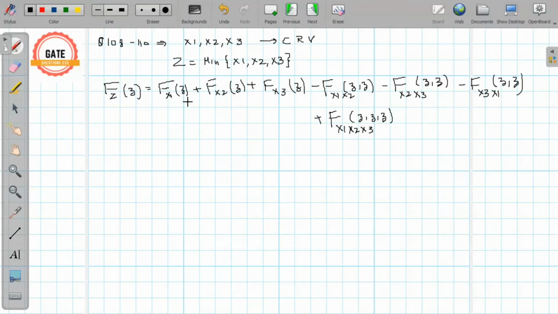So let's see how this result will modify if x1, x2, x3 are independent.